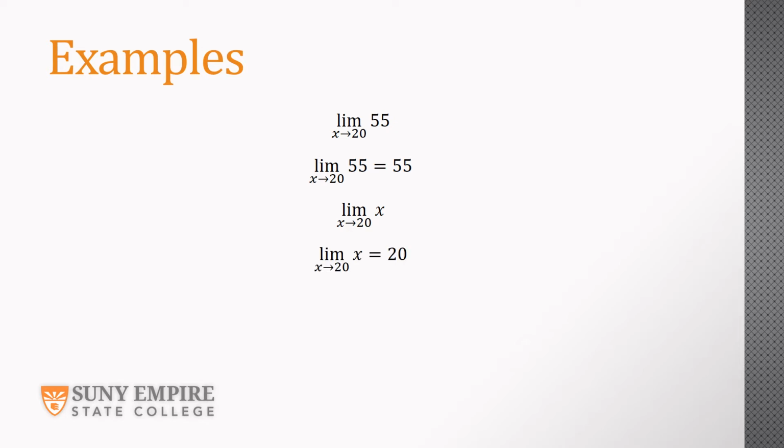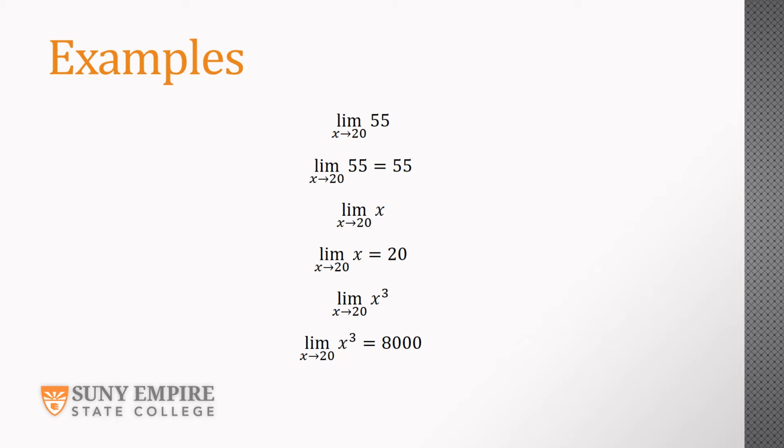This function just returns whatever input we plug in, so the limit will equal 20. And the limit as x approaches 20 of the function x to the third power? We plug the 20 in for x and find the limit equals 8 thousand. These limits have been very simple. How can we handle limits that are more involved?